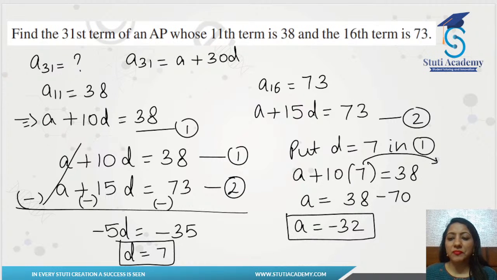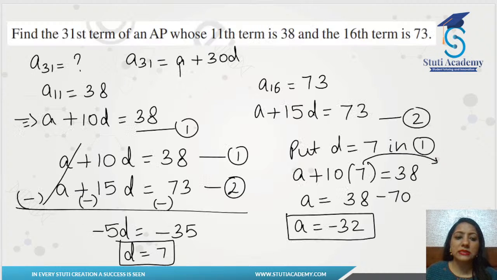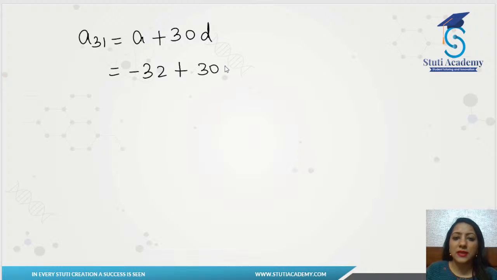Now in the question we have been asked to solve for the 31st term, that is A31, which is A plus 30D. We now know A is minus 32 and D is 7, so we'll replace D by 7.